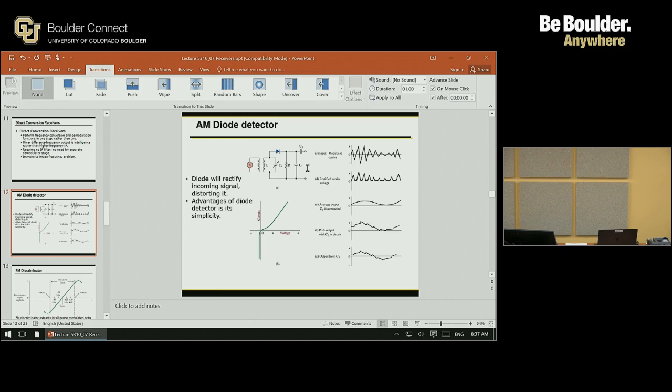You've got a tuned circuit here, and when it's tuned to the right frequency, that's when it's able to receive the signal. The diode here is the detector. Here's the original signal that's been modulated. The diode rectifies it and cuts off half of it. In this case, it's cut off the bottom half.